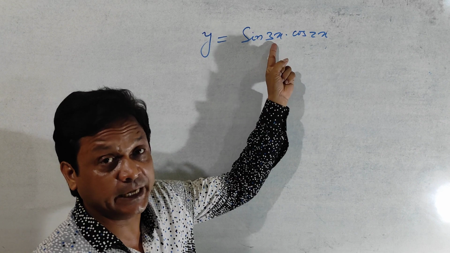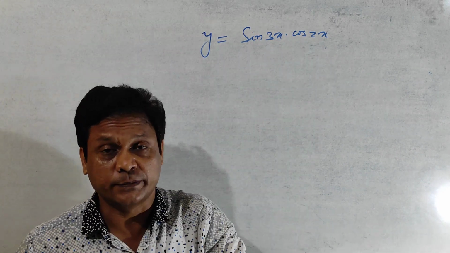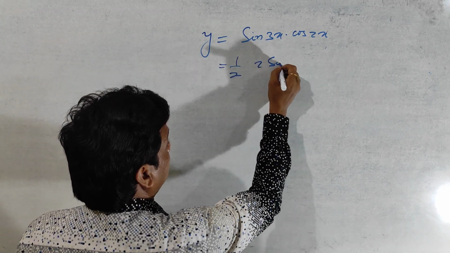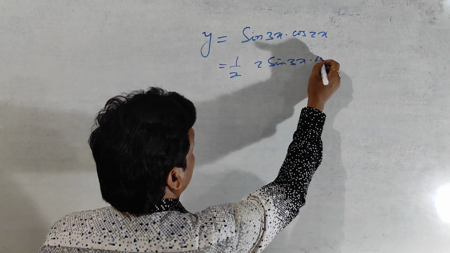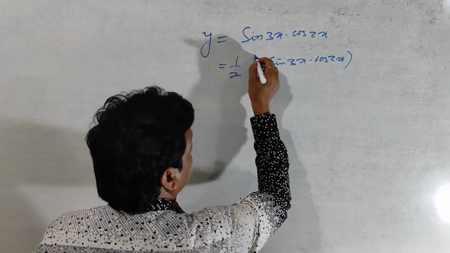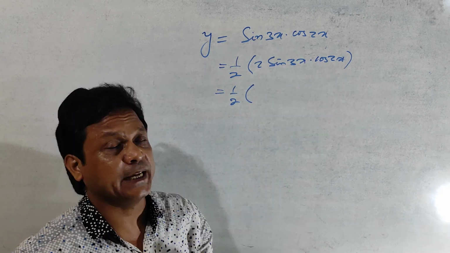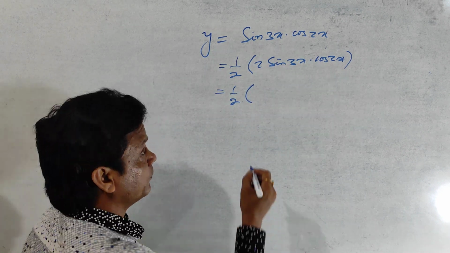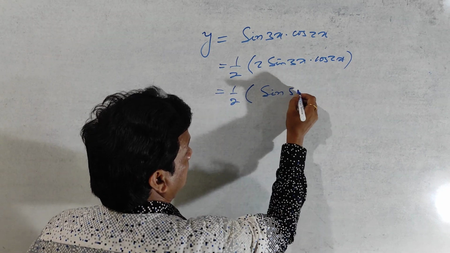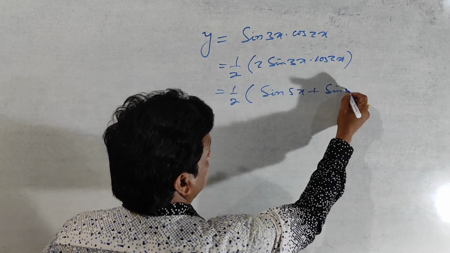Let us take this as A, this as B. So sin A into cos B, I can write 1 by 2 into 2 sin A cos B, which is sin(A+B), 3x plus 2x, 5x, plus sin(A-B), 3x minus 2x, it is x.